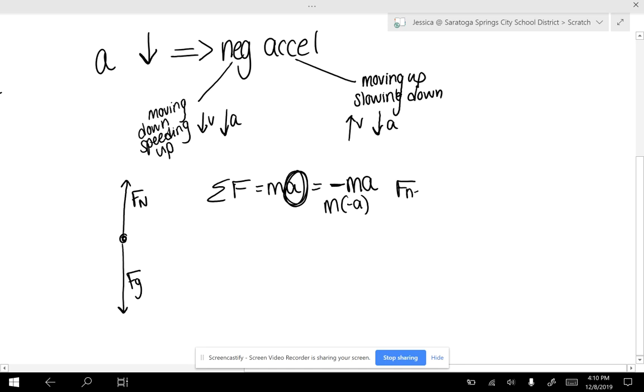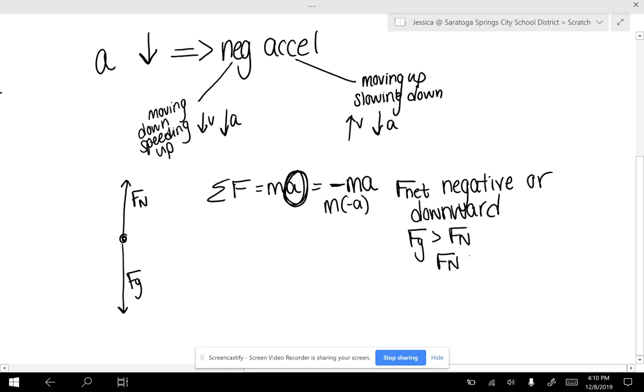So this means that our net force is negative, or downward. So that means our downward force has to be larger than our upward force. So Fg is going to be greater than Fn, or written like I did before, Fn is less than Fg. So this is when we might feel lighter.